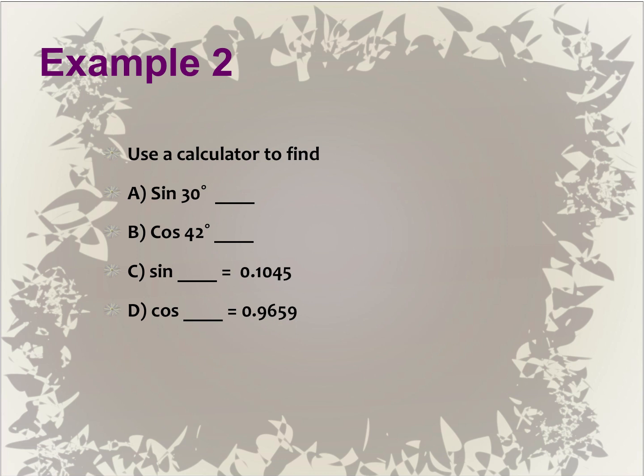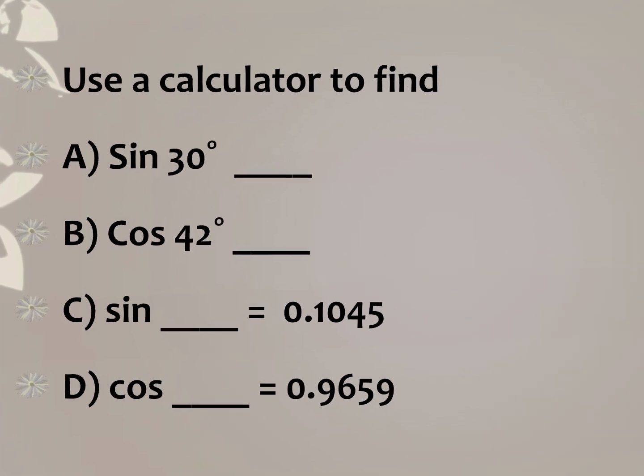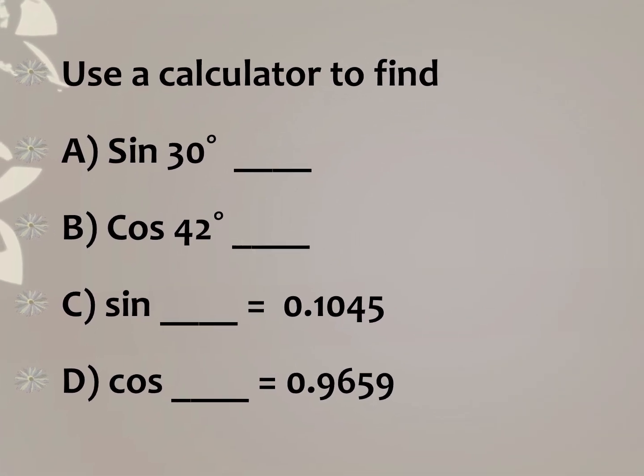If you have a calculator, for those of you that have a calculator, please try and share them. Sorry I didn't bring my calculators. Sine 30, just plug that into your calculator. I'm not using any inverse for these. I'm just figuring out sine 30.